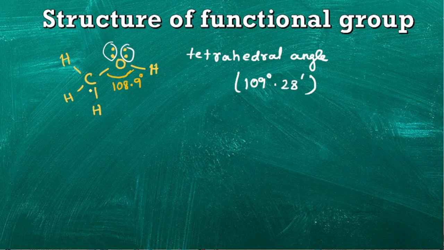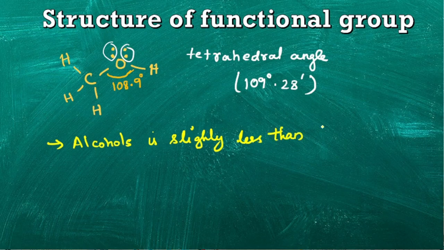So how can we write the definition for this? You can write: alcohols have a bond angle slightly less than the tetrahedral angle. The tetrahedral angle is 109 degrees 28 minutes.